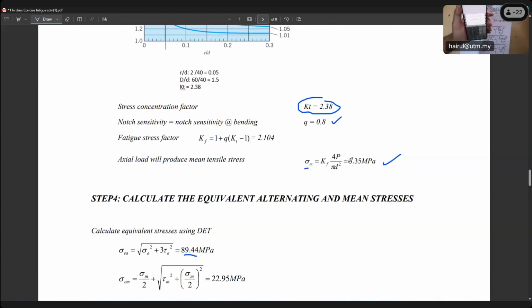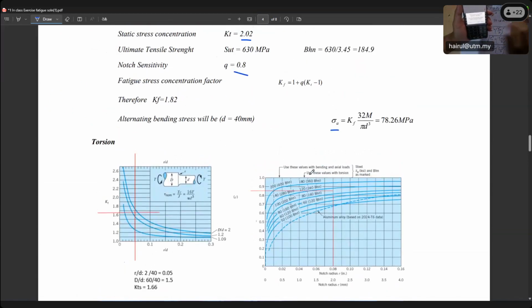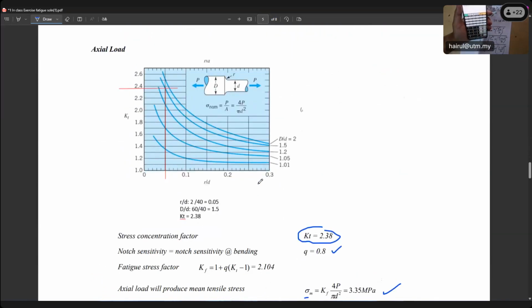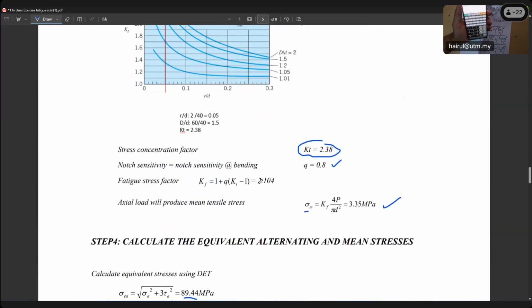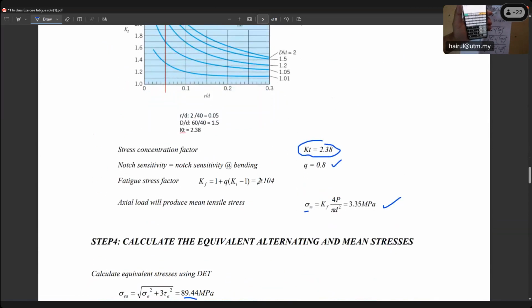Because sigma bending just now is 78.26, plus it also takes the axial as alternate. Axial doesn't have alternate. Axial is plus 3.35. Yeah, 81 point.